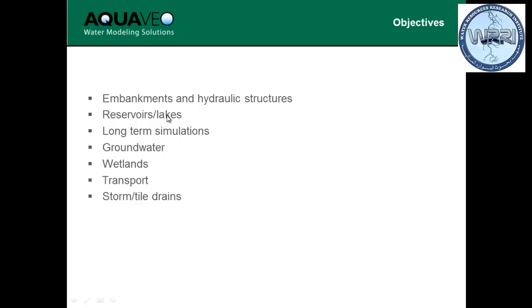We know how to do reservoirs, so I showed you how to do reservoirs. You add your reservoir at a point in your model, and then you add your embankment for that reservoir. Long-term simulations we're going to talk about. Groundwater, I think we're going to talk about that. Wetlands, we'll talk about. Sediment transport, we have some other stuff to talk about with that. And then storm and tile drains.